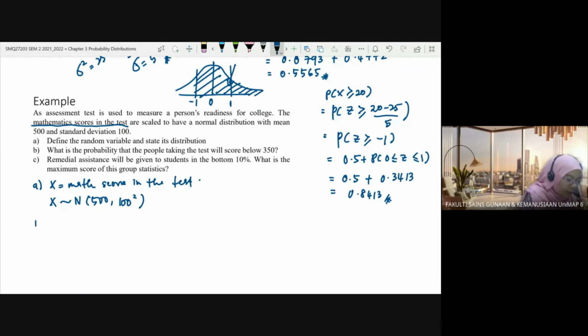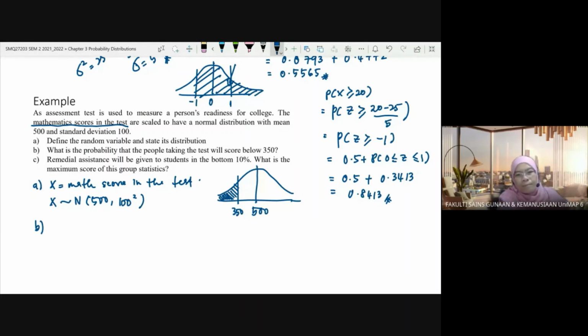Done with A. Now B. What is the probability that a person taking the test will score below 350? If I draw the original normal distribution, the mean is 500, and you are talking about below 350. If this is 350, you are looking for this area.